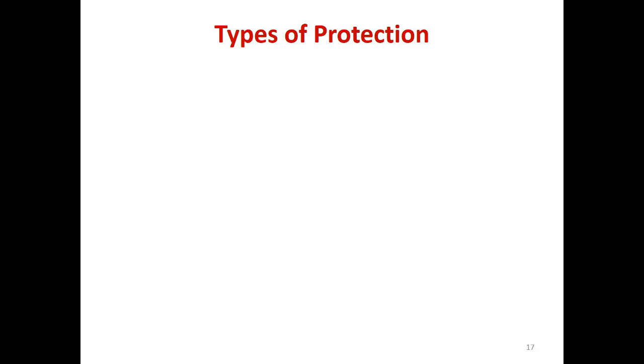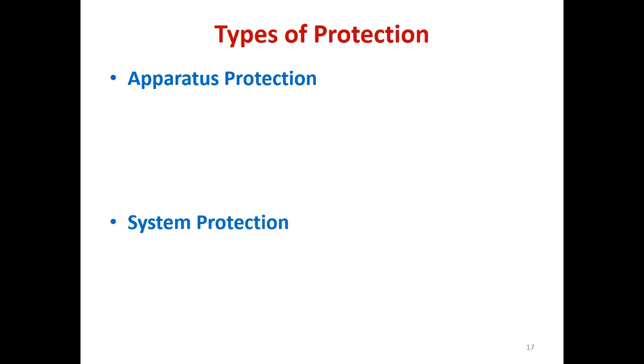Now let us see the various types of protection that are available in power system. One is apparatus protection. Apparatus protection means the schemes are designed to protect the apparatus in the power system, and that includes the transmission and distribution line protection.